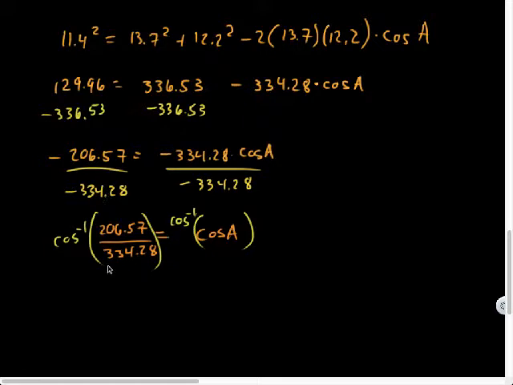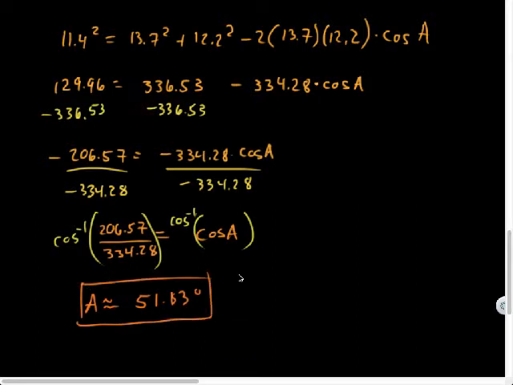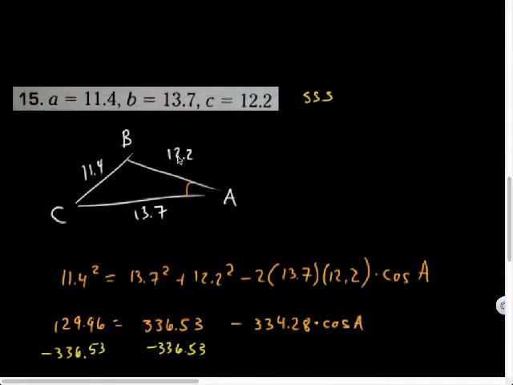Otherwise, your calculator will give you an error, and you'd probably realize you made a mistake somewhere earlier in the problem. So second, cosine inverse of 206.57 divided by 334.28, close parentheses, and I get angle A is 51.83 degrees. All right. So 51.83 is angle A.